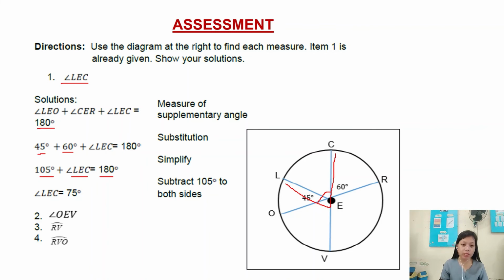So 180 minus 105 is equal to 75 degrees. So the measure of angle LEC is 75 degrees.